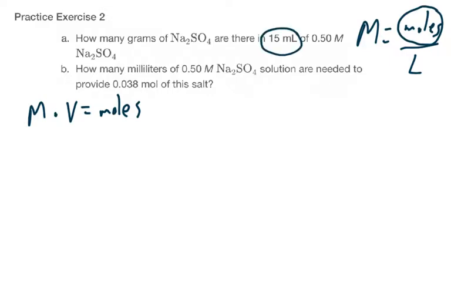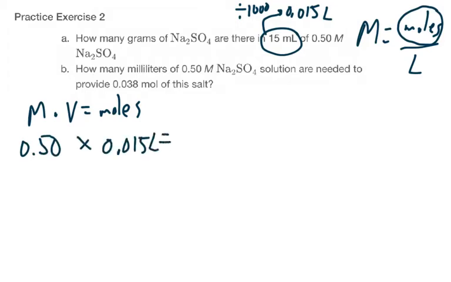Divide that by 1,000, and you get 0.015 liters. Now, the molarity is 0.50 times the volume, which is 0.015 liters. That's going to give you 0.0075 moles.